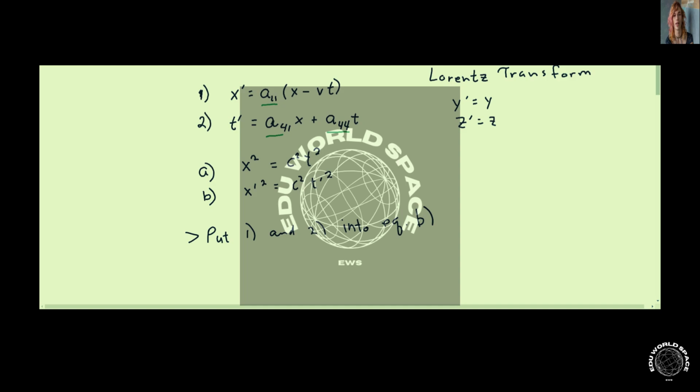So what we have there is A11, x minus vt, all this quantity squared, has to equal c squared times t prime squared, which is A41 x plus A44 t, squared.